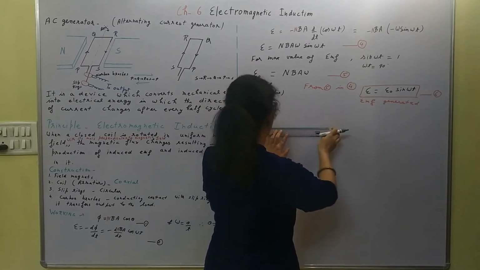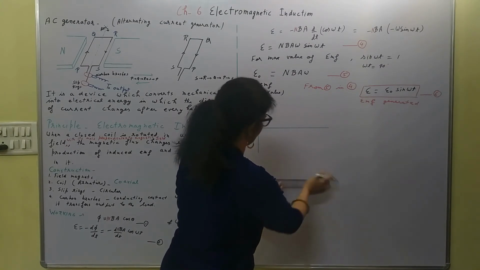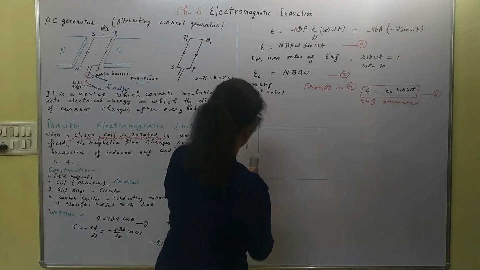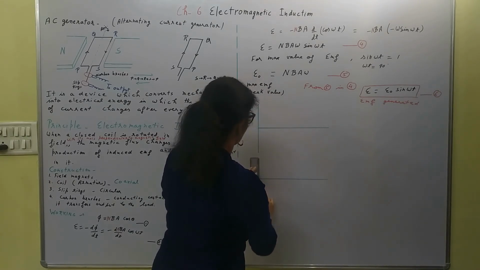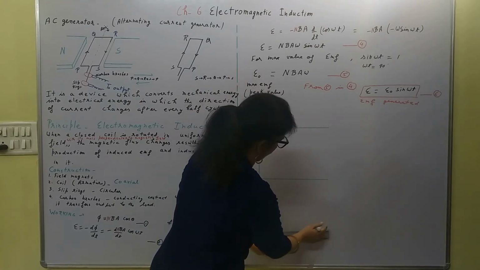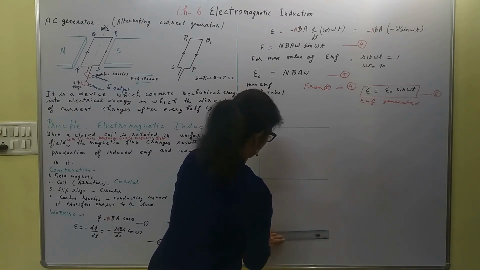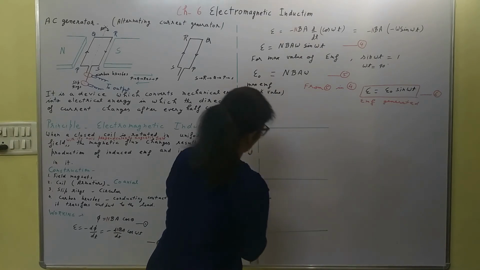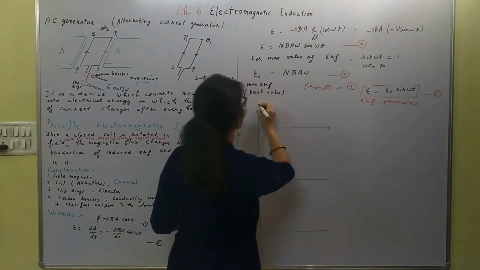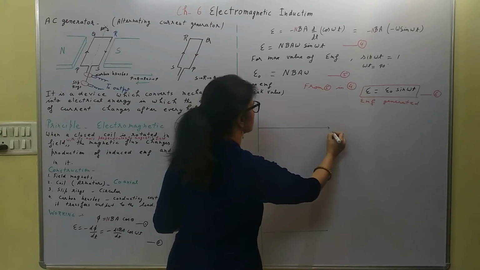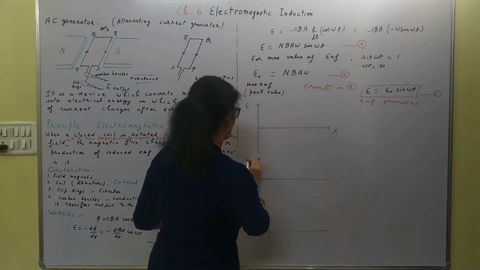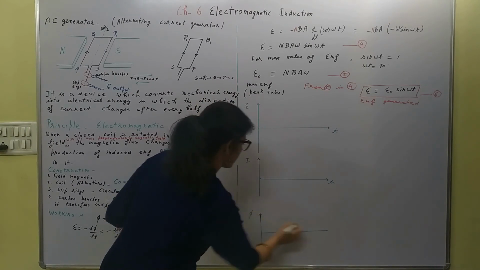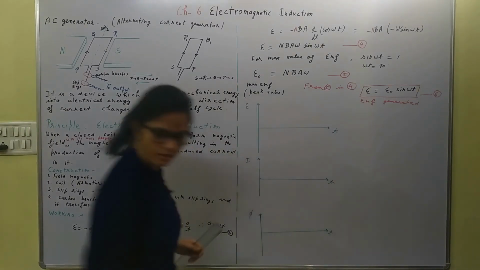We can also plot the direction of current with time, because current varies as potential, and then we can also plot the graph for the variation of flux with time. So this is current with time and this is flux with time.